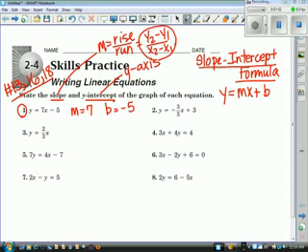Negative 5. However, remember, I've been telling y'all, that's the Algebra 1 answer. To say b is negative 5, I want it as an ordered pair. So if the y-intercept is negative 5, what's the x coordinate? 0. So I want 0, negative 5. That's what I want.